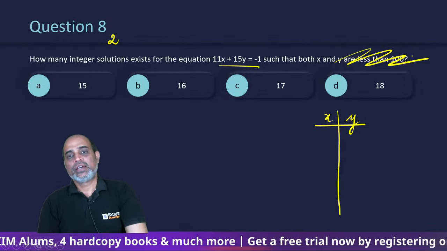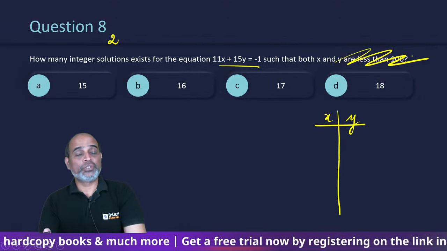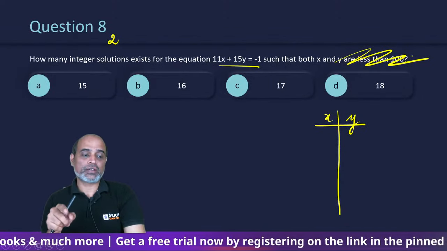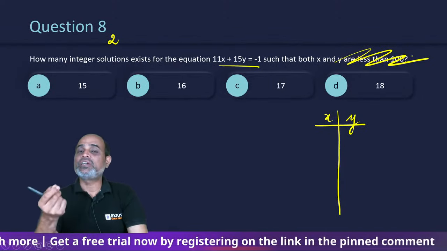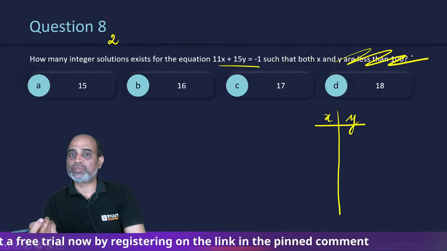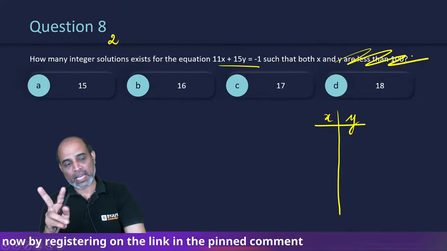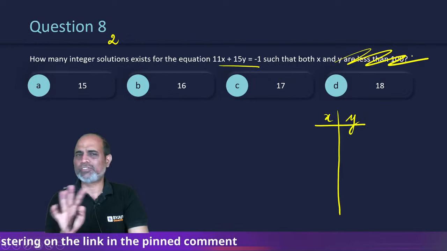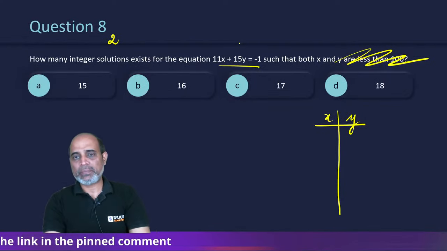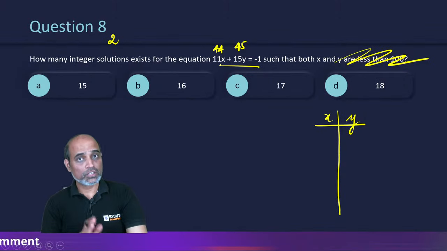Okay. Now if I want to do this, I have to make sure that 11 के टेबल का नंबर and 15 के टेबल का नंबर, they should be at a gap of 1. -1, 1 से मतलब नहीं है. So I can make this as 45, I can make this as 44. 44 and 45 एक के gap पे.